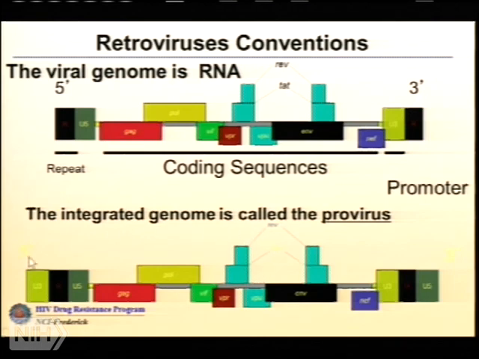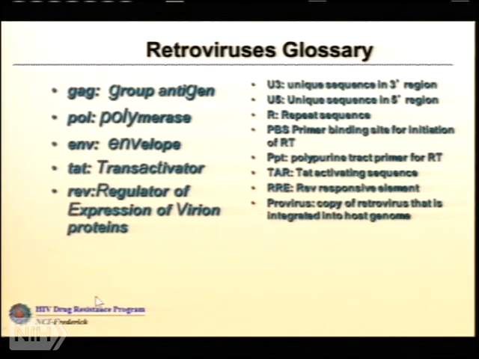So once it integrates itself into the host genome, its promoter is at the 5' end, its polyA sequence is also at the 3' end, and it can synthesize all of these cistrons by using alternative splicing, as we'll see, with a major splice donor here, and then splice acceptors all along the way. So it can manage to express 9 different genes from a single promoter in this fashion.